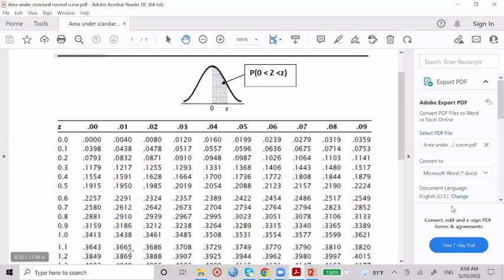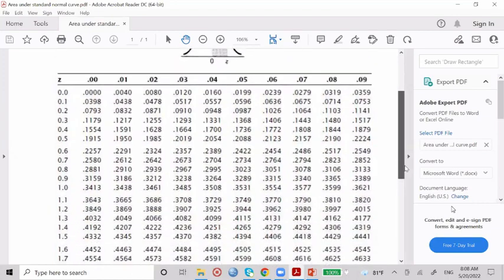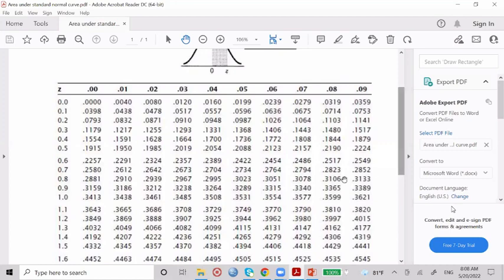If we want the probability between 0 and 1.25, it is 1.2 and then 5, which gives 0.3944. The probability between 0 and 1.25 is 0.3944. Similarly, by using this table, we can calculate the probabilities.